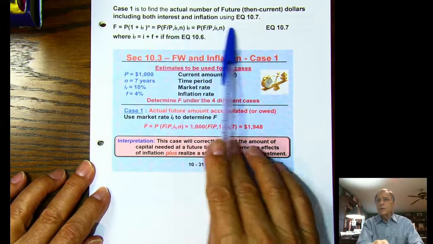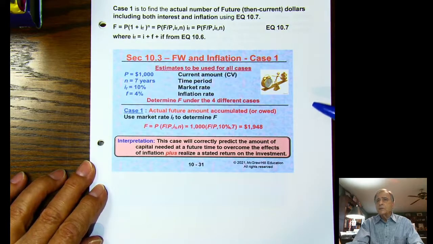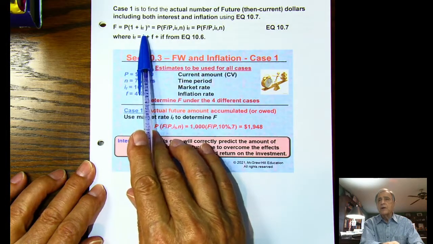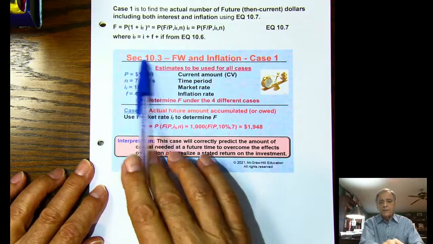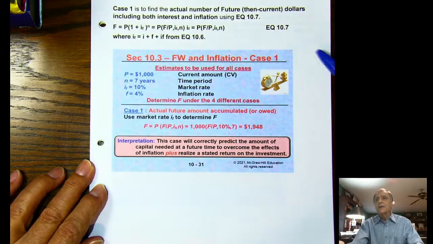So we're trying to include both. In that case, we use what we call the market rate. The symbol used was I sub F, which means that I contains the inflation rate F.